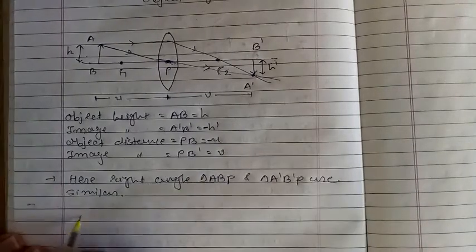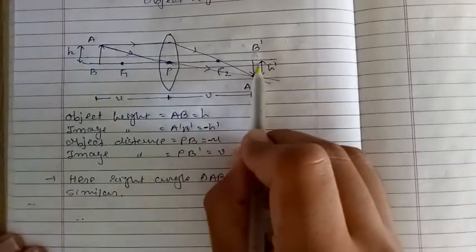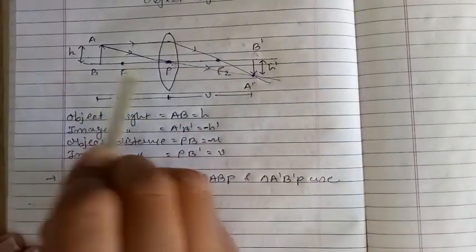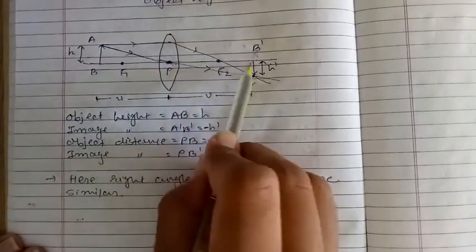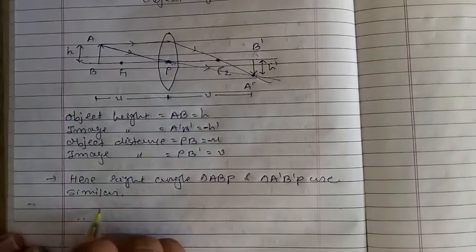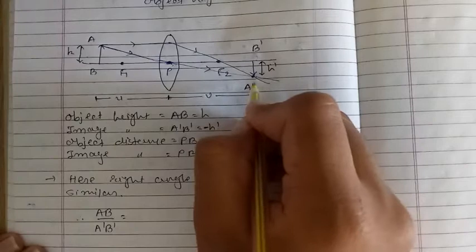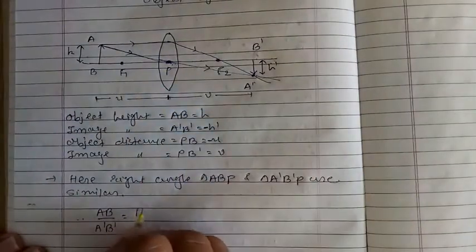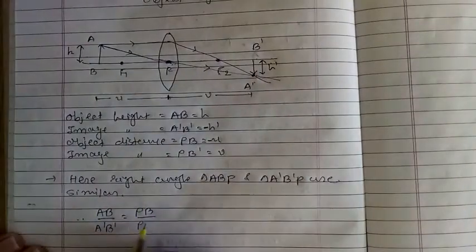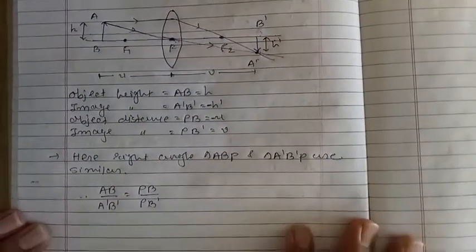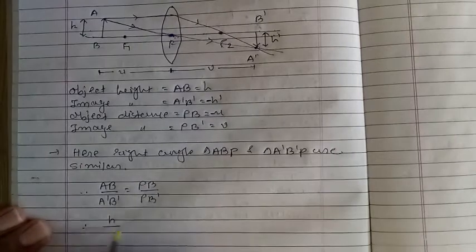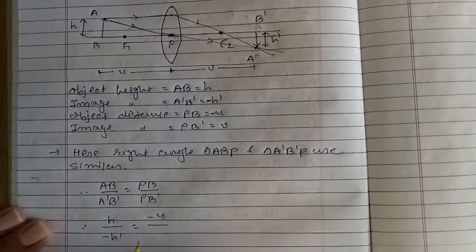So we can write that AB upon A dash B dash is equal to BP upon PB dash, right? Now we know the value of AB is h, A dash B dash is minus h dash, PB is minus u, and PB dash is v. Now here minus cancels on both sides.